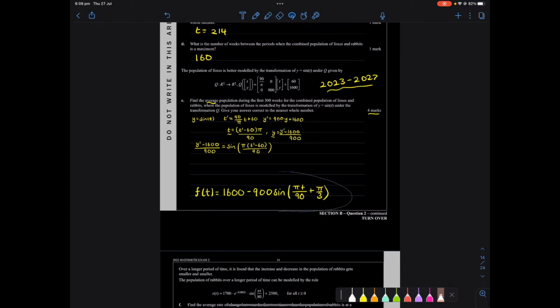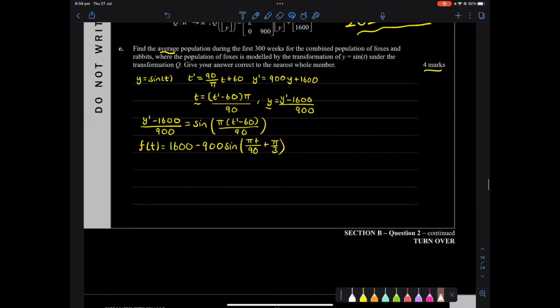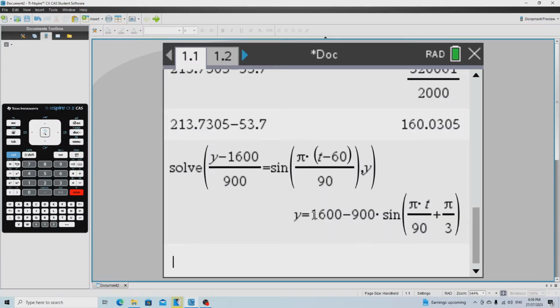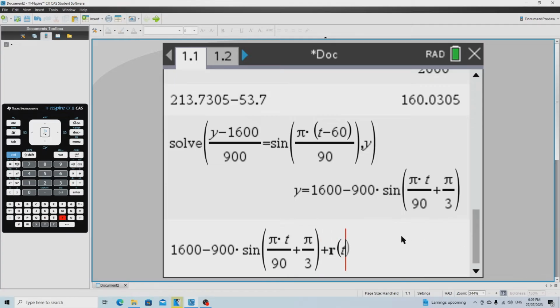Now we just have to add them. We want to add the population of the fox and the rabbit, so the total population. Let's say T of t is F of t plus R of t, rabbit and the fox, which is this equation over here plus R of t.